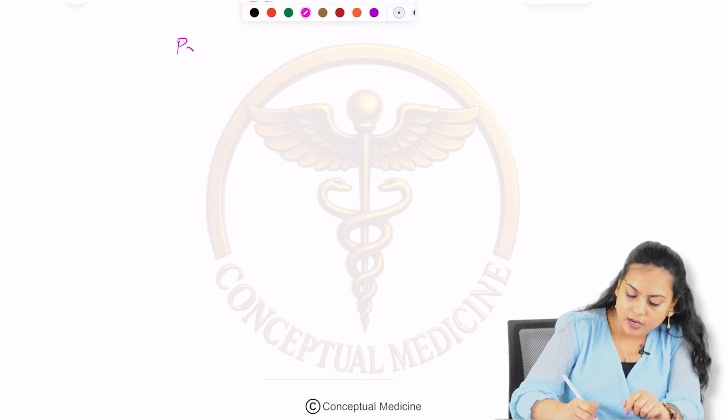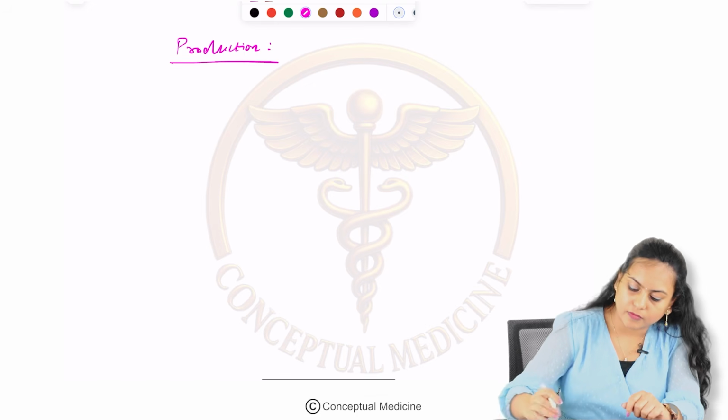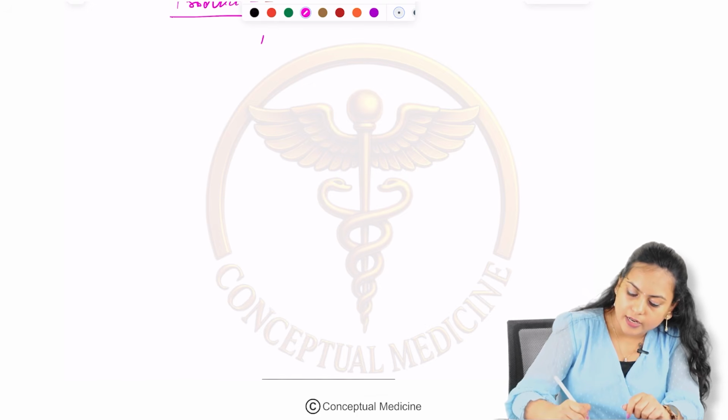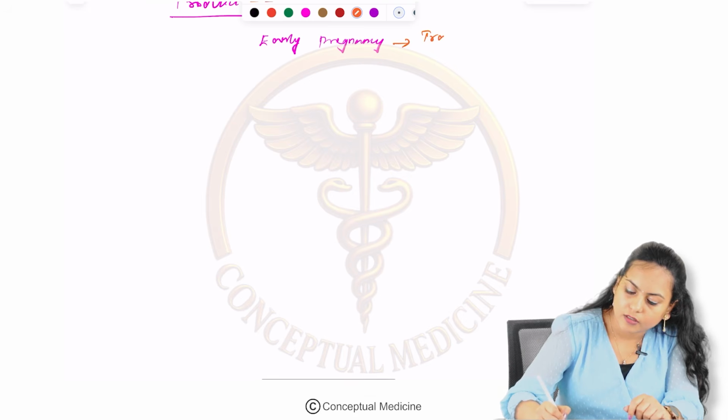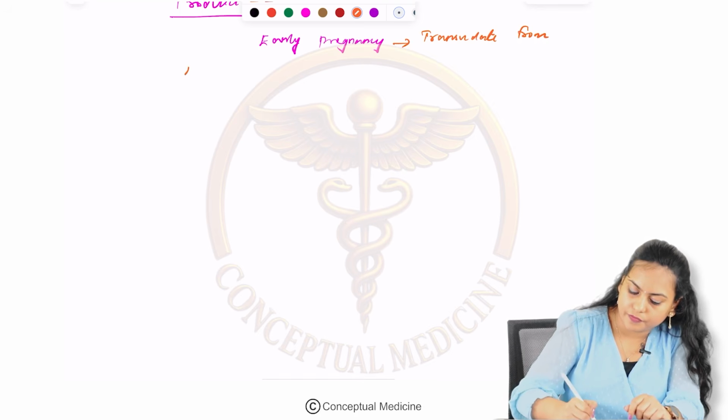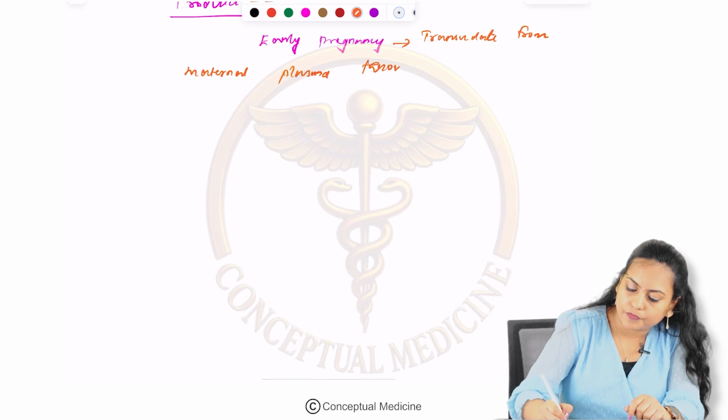Next, we are going to see how this amniotic fluid is produced. In early pregnancy, amniotic fluid is obtained as a transudate from maternal plasma through the decidua.